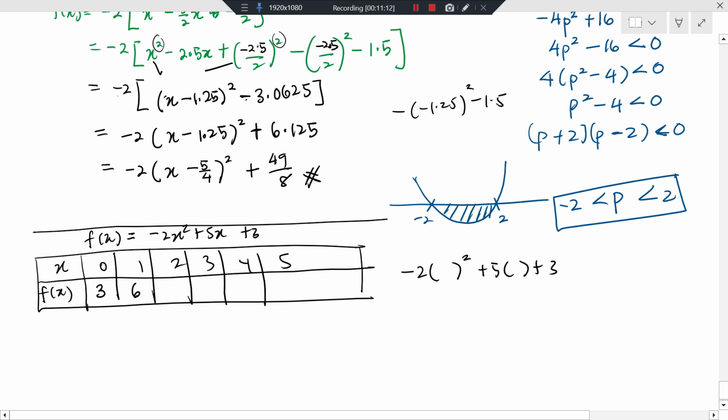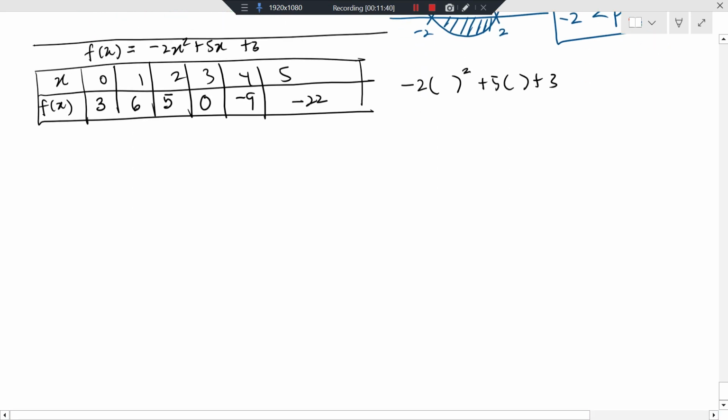If x equals 2, it will be 5. If x equals 3, it will be 0. If x equals 4, it will be negative 9. And if x equals 5, it will be negative 22.